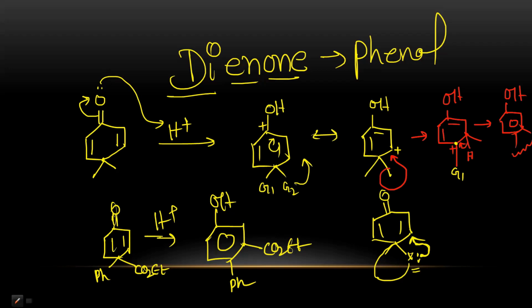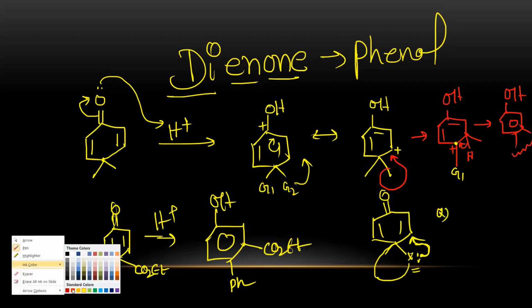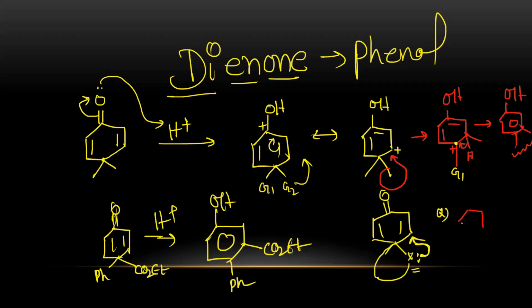For example, if the question is double bond O, double bond O, one ring and heteroatom, so oxygen will migrate here, so our resultant product will be OH, oxygen, CH2, CH2, CH2, 1 2 3 carbon and one oxygen. This will be the product, right?